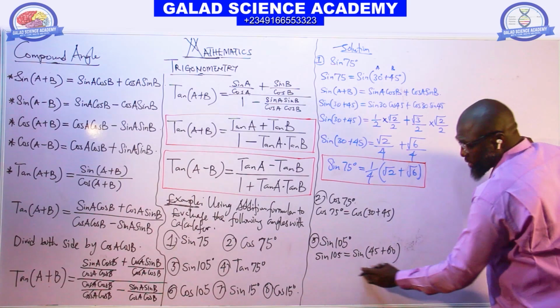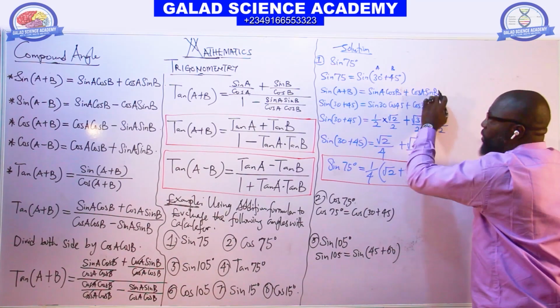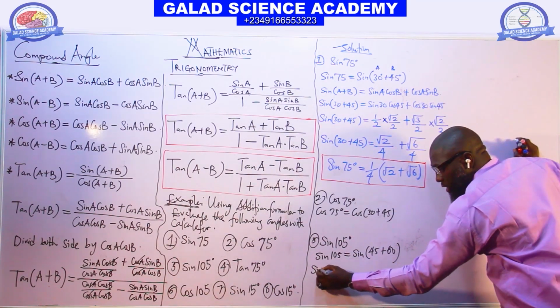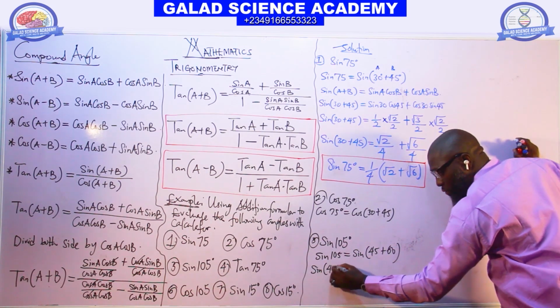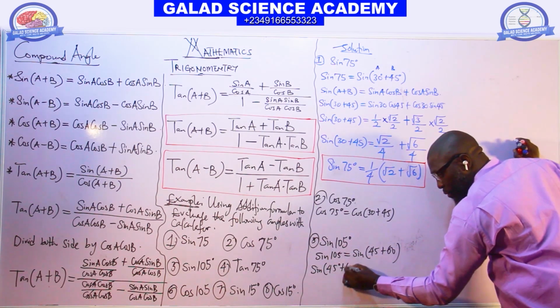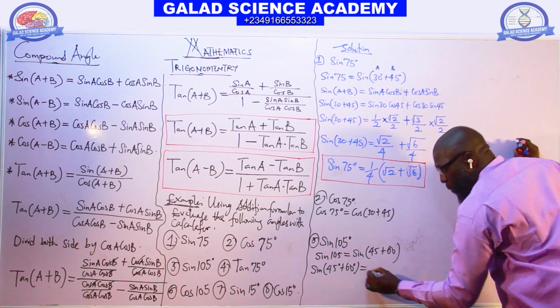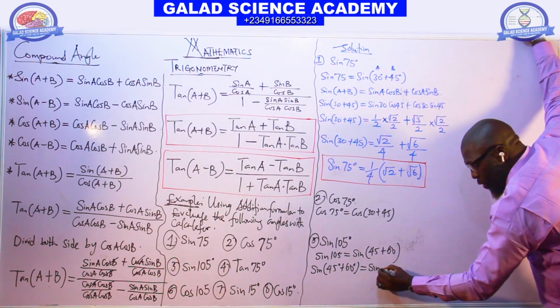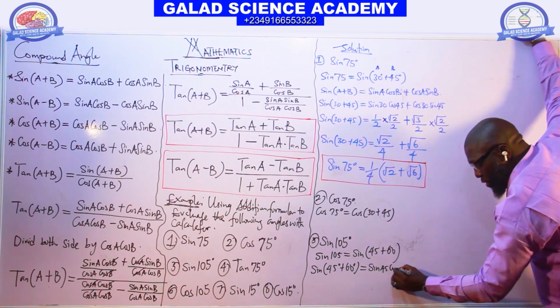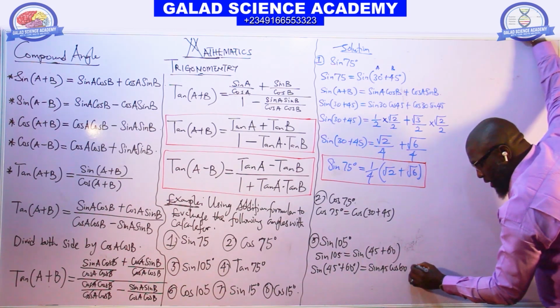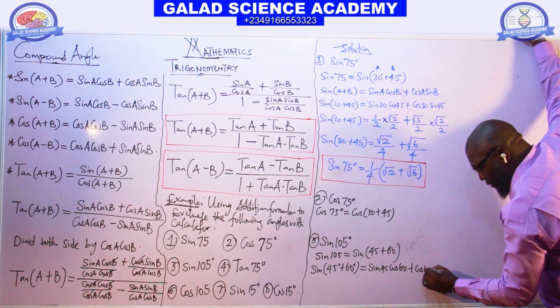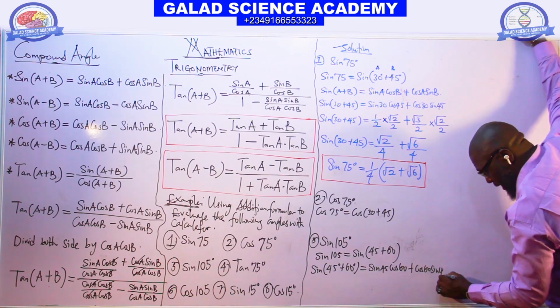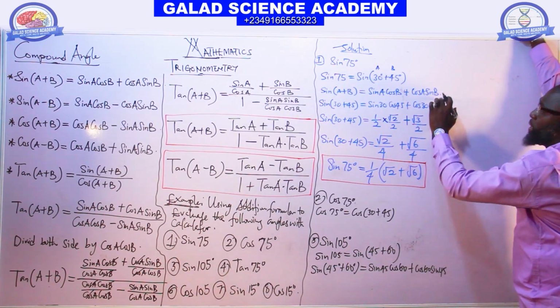So if it's sine 45 plus 60, I apply this formula too. It will give us sine 45 cos 60 plus cos 45 sine 60.